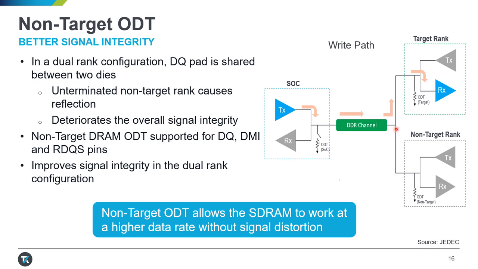This degrades the signal integrity. To overcome this problem, LPDDR5 supports non-target DRAM on-die termination for DQ, DMI, and RDQS pins. This was not present for LPDDR4, but you will have a non-target on-die termination for LPDDR5. This improves signal integrity in the dual rank configuration and also enables SDRAM to operate at a very high data rate.